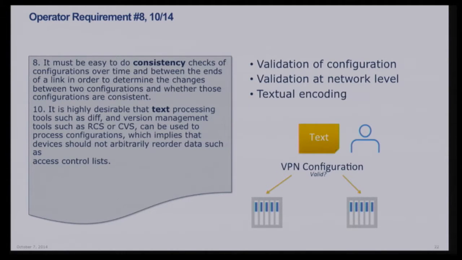All in a formal, language-based way. And again, textual encoding, so this is something that we can use existing tool sets for, so we don't have to reinvent a completely new ecosystem of tools for this.